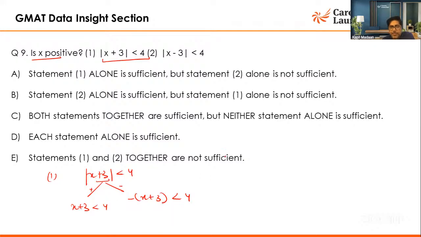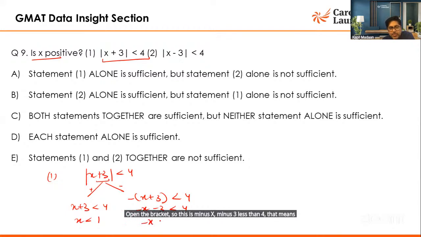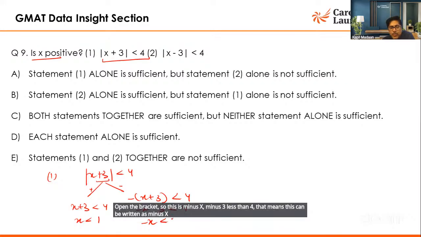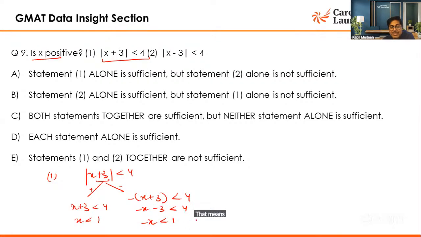Let's simplify. Simplifying further, x is less than 1. Open the bracket: minus x minus 3 is less than 4. That means minus x is less than 7. That means x is greater than minus 7.